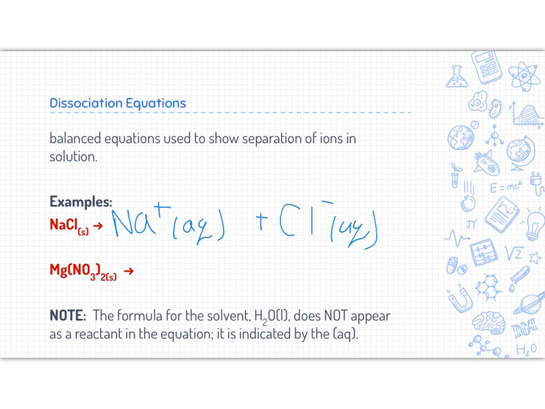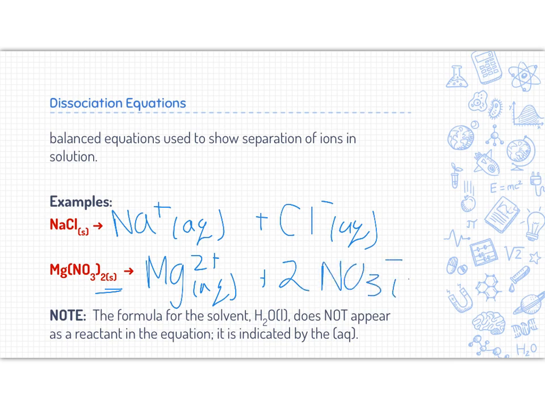For magnesium nitrate, we get Mg2+. And if there's multiple of any ion, it becomes a coefficient. They are separate ions. So we get 2 nitrate ions on their own as well, and everything's aqueous. We've balanced the equation.